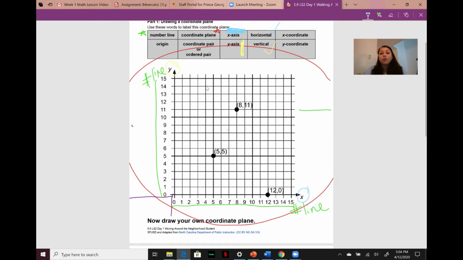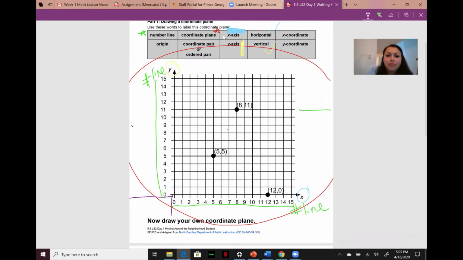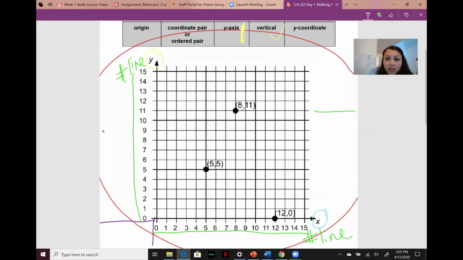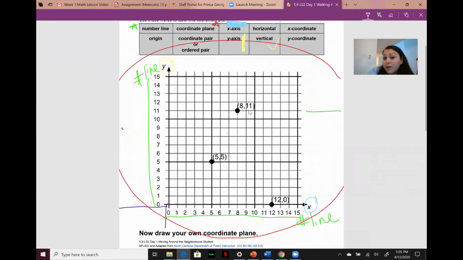Now we have x coordinate and y coordinate. If we look at these numbers that we have on our coordinate plane, let me pick color pink. If I look at this number right here, it says 8, 11. So we have 2 numbers, 2 coordinates. Each number is a coordinate in our coordinate plane.